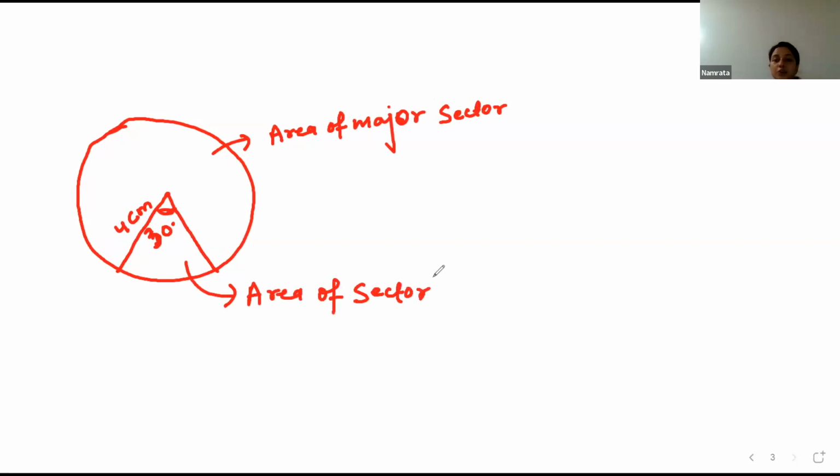Now, as I told you, the formula to find the area of the sector is theta by 360. That means 30 by 360. Angle theta is 30 degree over here, right? Into area, that means the area formula for the circle, that is pi r square. So r is already given as 4, that is squared.